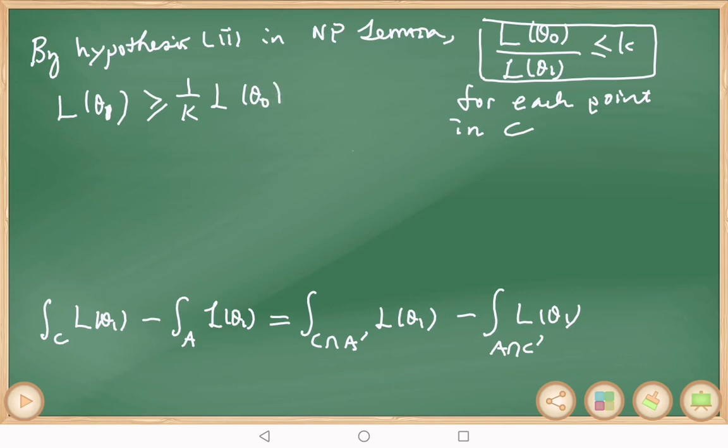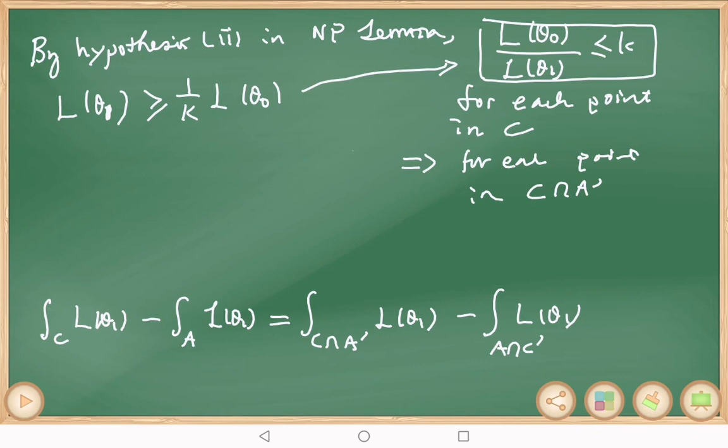This is just a rearrangement from this hypothesis. Now, if this is true for each point in C, it is true for each point in C intersect A prime, because C intersect A prime is a subset of C.